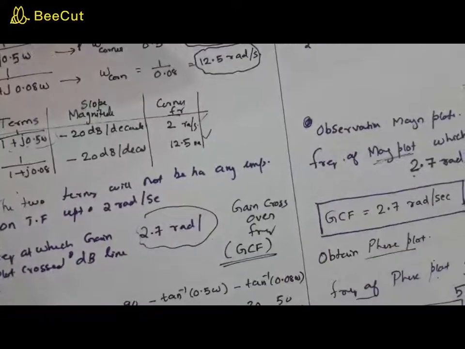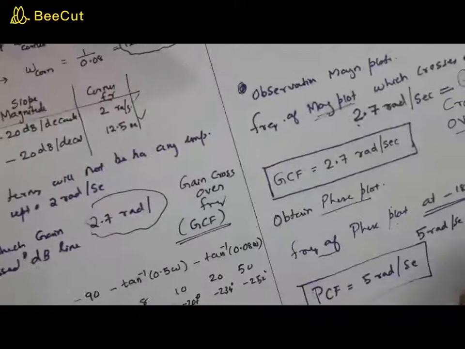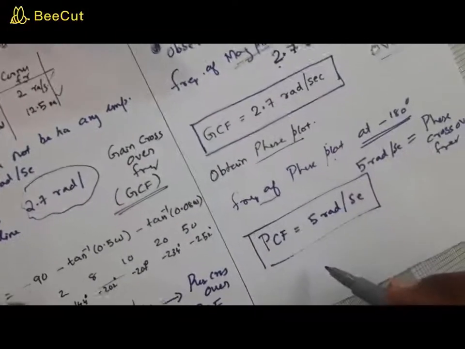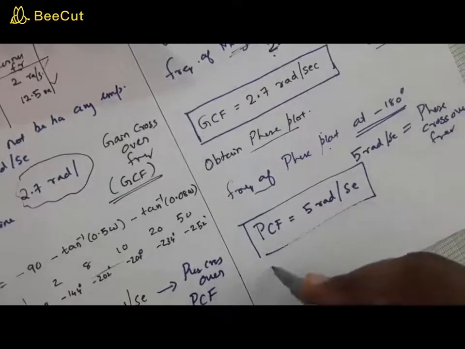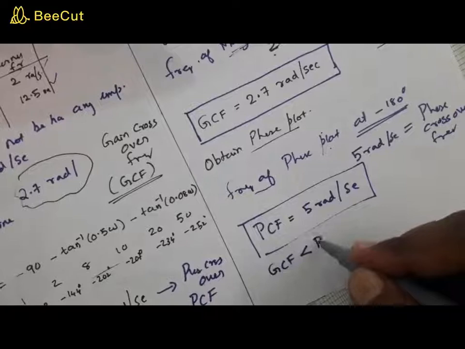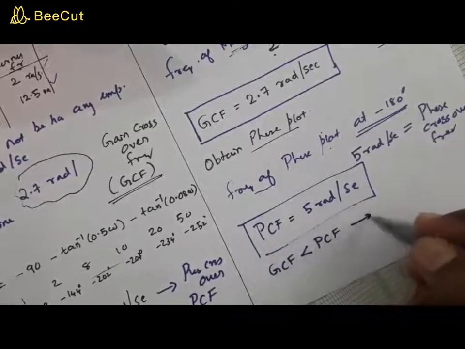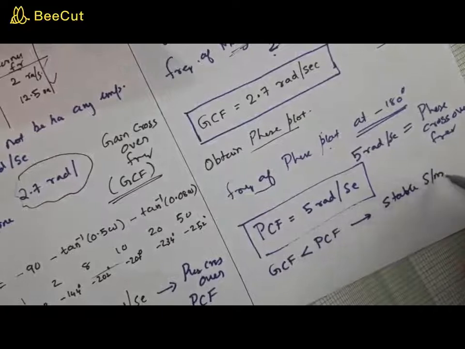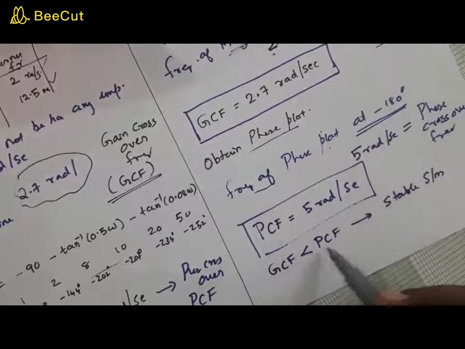Okay, now you can see that this is the GCF. Based on the value of GCF and PCF, you can ascertain the stability. Since GCF is less than PCF, the system is a stable system. Okay, so in this case, the system is stable because GCF is less than PCF.